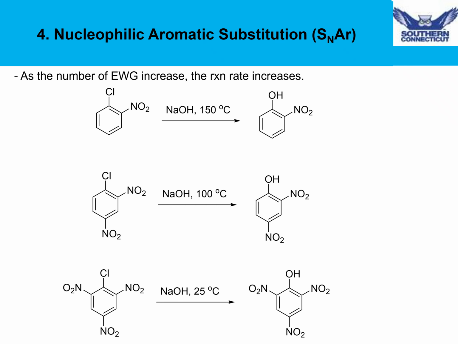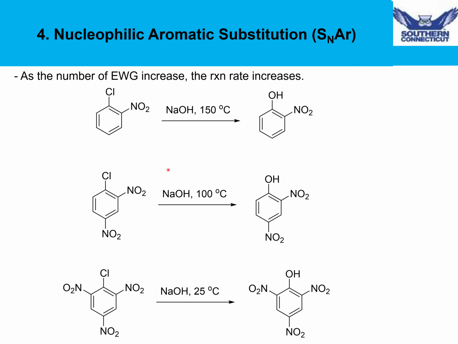As we increase the number of electron withdrawing groups around the aromatic ring, the faster the nucleophilic aromatic substitution reaction occurs. As an example, if we have a nitro group at the ortho position of this halogen, if we try to do a substitution with sodium hydroxide, we can do it at about 150 degrees Celsius and replace the chlorine with a hydroxyl group.